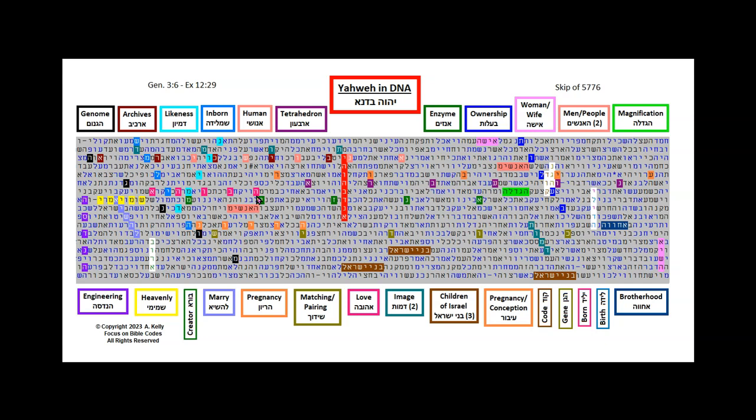After conception occurs, a pregnancy of 9 months would follow, and then the birth of a baby would result. This baby has inborn traits of both the mother and the father, but it has his or her own unique code of DNA. The word for matching or pairing is here in the gold lettering, going to the right.